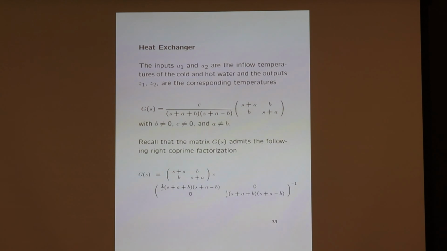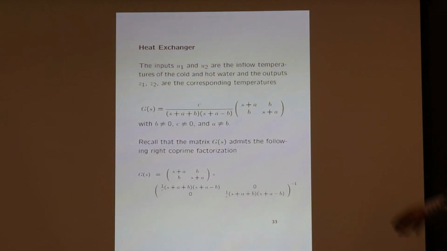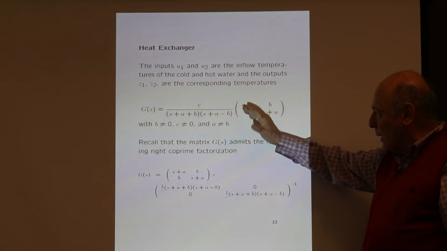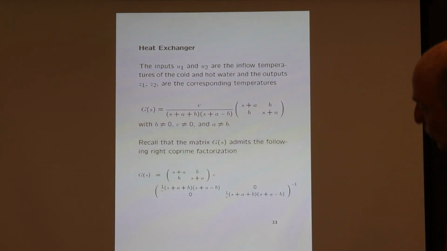And the heat exchanger, well, we already saw that one, right? This is an example of how to compute that for this matrix G of the heat exchanger. If you get this factorization, we actually presented two of them.